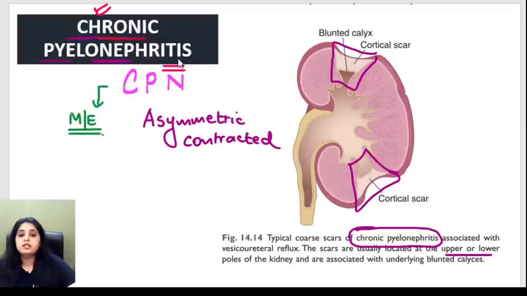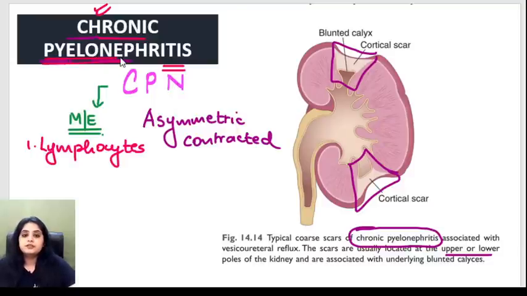So it's a chronic inflammation. What is the cell of chronic inflammation? Lymphocytes, macrophages. So what are the cells that I'll see over here? I'll see lymphocytes because it's a chronic inflammation. Inflammation of what? Is it glomerulonephritis or pyelonephritis? It's pyelonephritis. So will the glomerulus be affected or will the tubules be affected? Common sense tells me that the tubules will be affected.